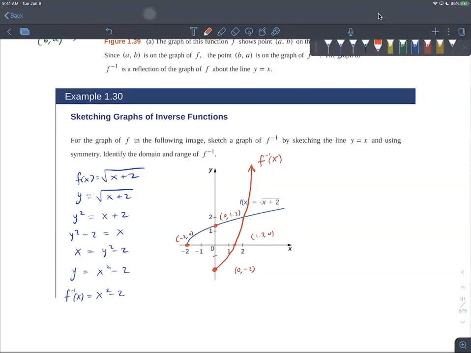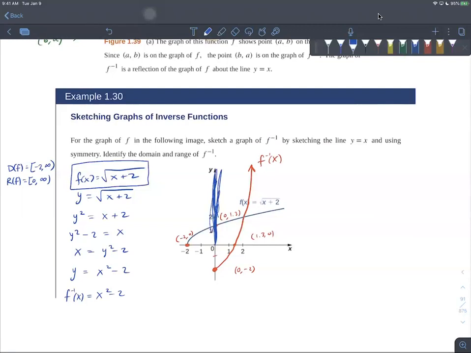Now, why is that? We can take a look at, answer these questions yourself here. What is the domain of this function? The domain of f is equal to, if we look at the graph, from -2 to infinity. The range of f is equal to 0 to infinity.